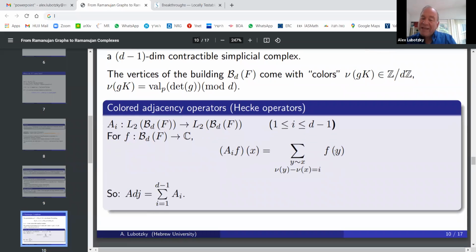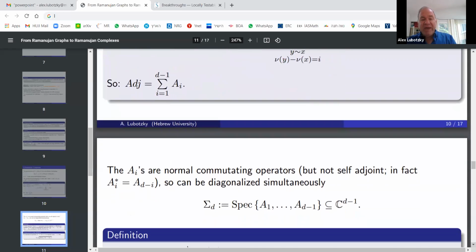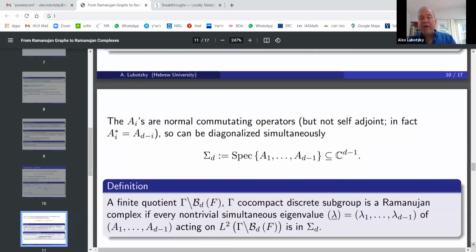A_i of f at a vertex x is the sum of the neighbors, but not all the neighbors, only those neighbors y so that the color of y minus the color of x is equal to i. The colors are elements of the finite cyclic group here. So this gives us d minus 1 operators. The sum of them is the adjacency operator A. But we really want to look at all d minus 1 of them together. Now it's a bit more complicated because the A_i are normal commuting operators, but not necessarily self-adjoint.